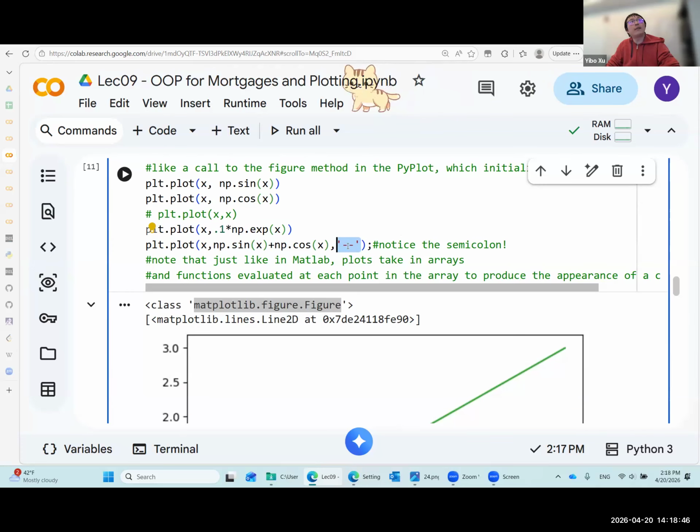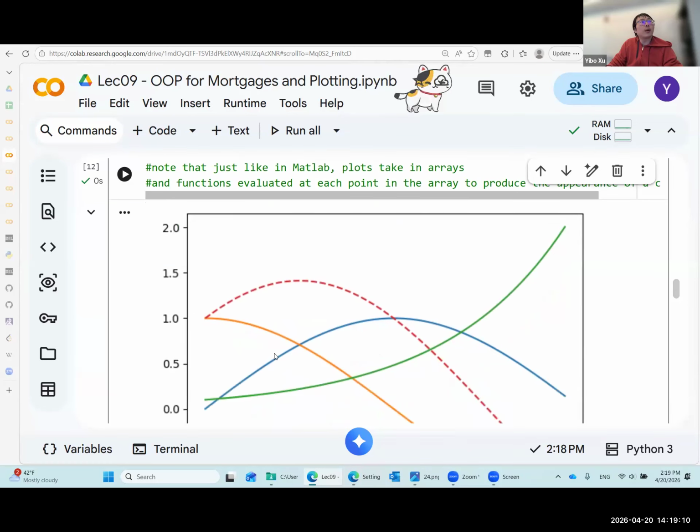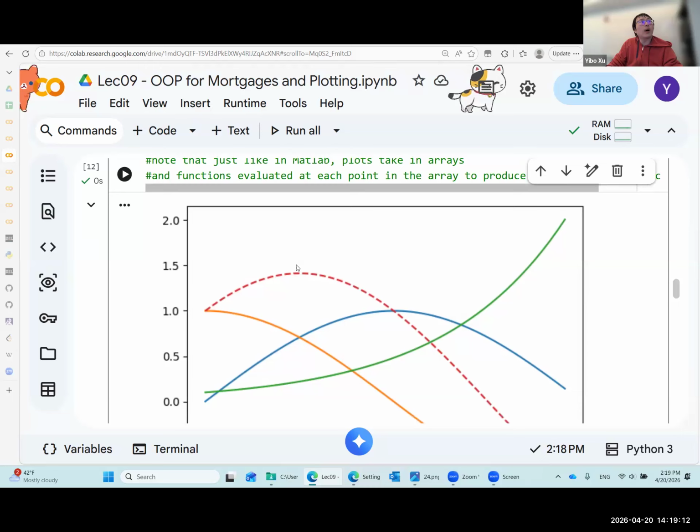If you do this kind of specification of style, what do you see? You see this is a dashed line, right? So this is the sine plus cosine. Remember, sine plus cosine gives you a high point when the input x is pi over 4, which is somewhere less than 1.